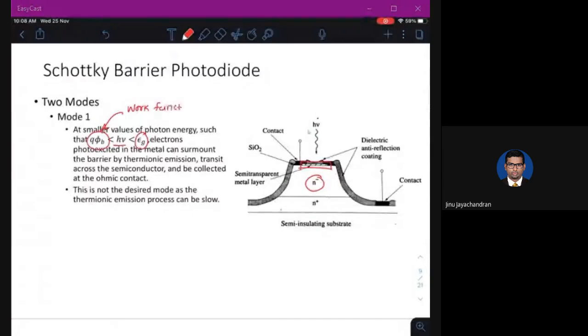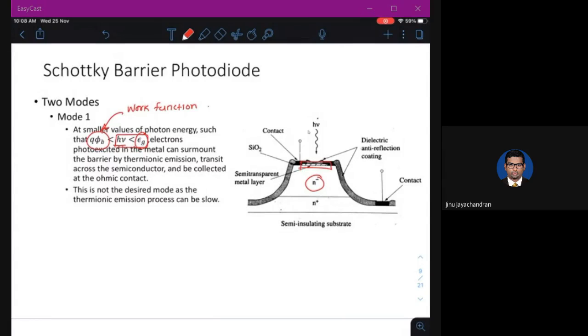That means the photon incident can create an extra free electron in the metal, but cannot create an electron hole pair in the semiconductor n minus region. Why? Because the energy of that photon is less than Eg. So once it creates that extra electron in the metal, it can move to the contact and create a photocurrent.